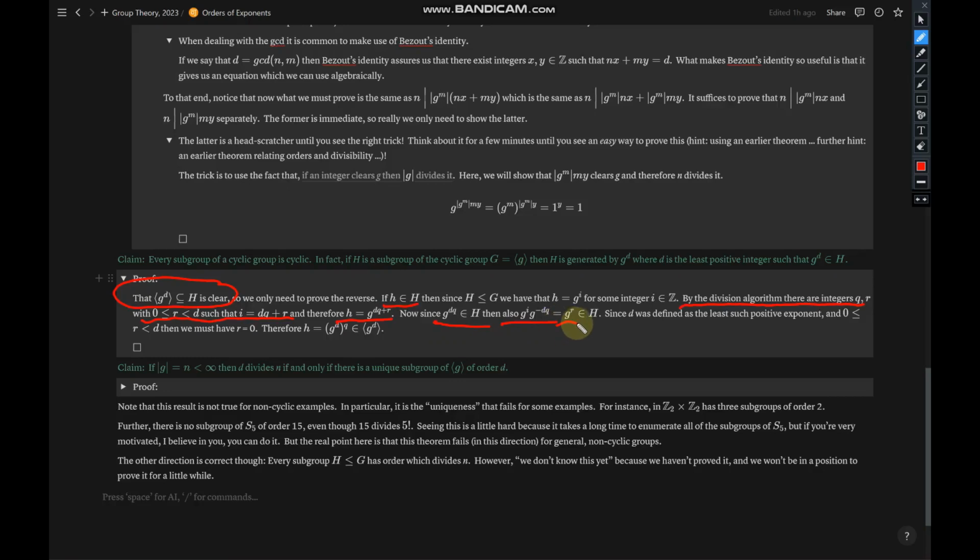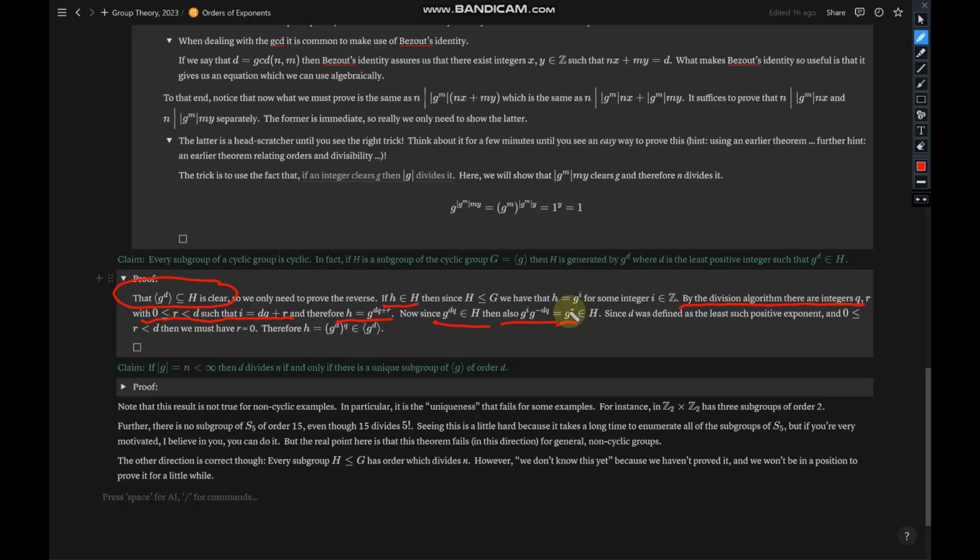So, a high-level summary of everything that just happened is that we just found that for any little h in big H, g to the r is in H, where effectively r is i mod d.